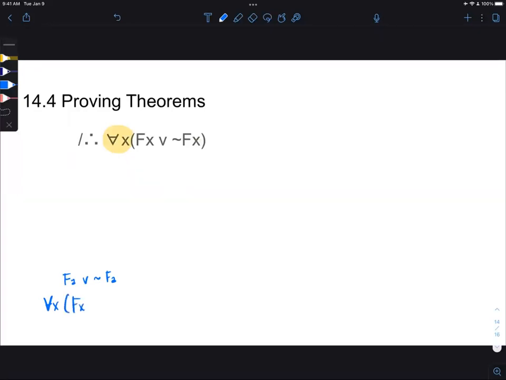I'll replace all A's with X, assuming A didn't show up in a premise and isn't in an open assumption. And since we have no premises, we're guaranteed that's true. So what I want then is this, so that I can use UI on it and get that.